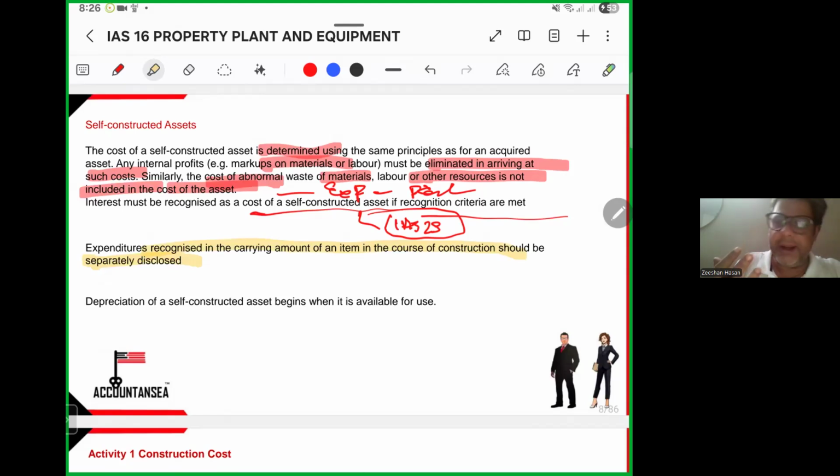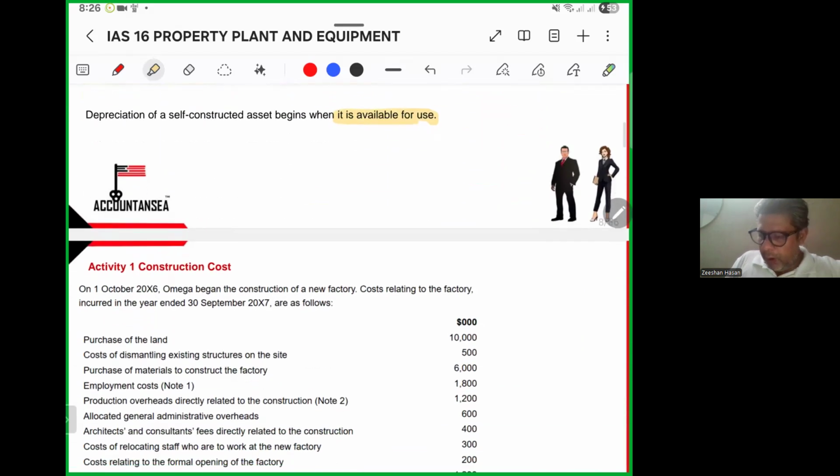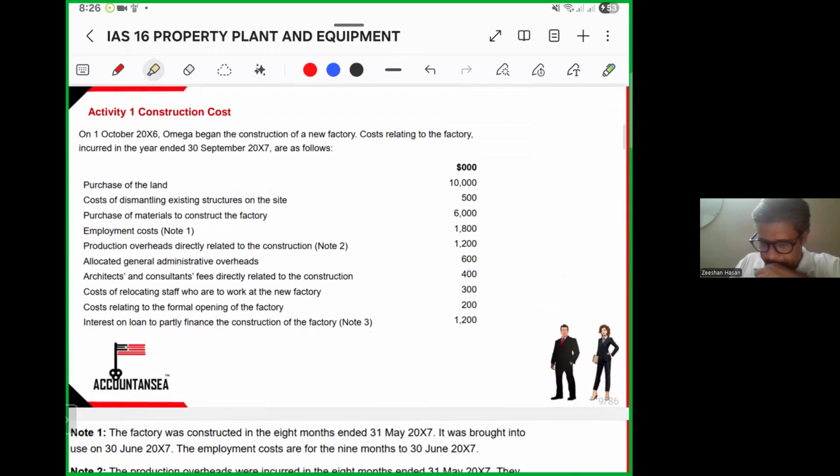That means you have to provide the disclosures separately. Depreciation of the self-constructed asset begins when it is available for use. As soon as it is available for use, start depreciating it.